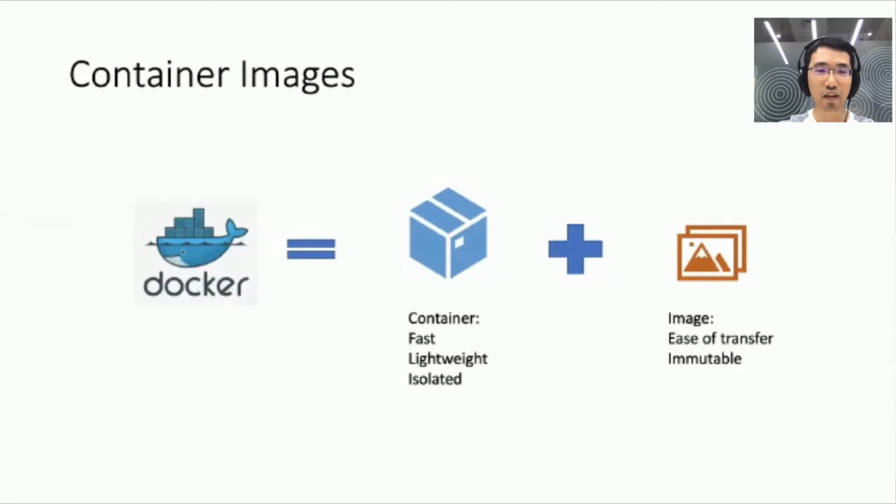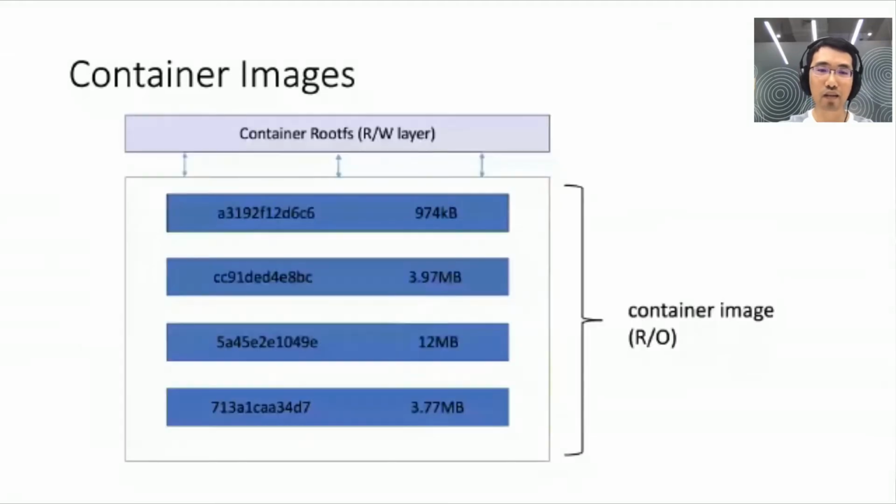When we look at a container image, it involves two parts. The first one is a read-only container image, and above that we usually put a read-write layer, that is the container rootfs. The read-only part is usually made up of several different read-only layers, and this is the OCI image structure.